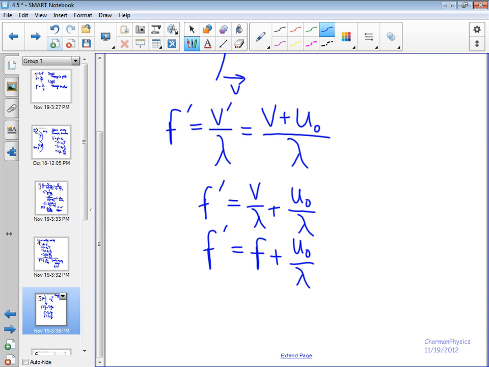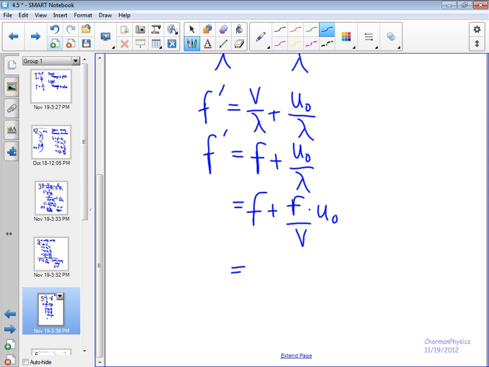And this is just f plus... And we can substitute in our definition of lambda here, and we get f over v times u sub o, and f. There we go.